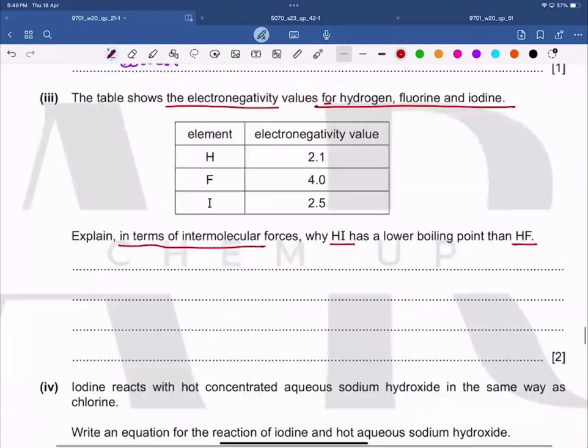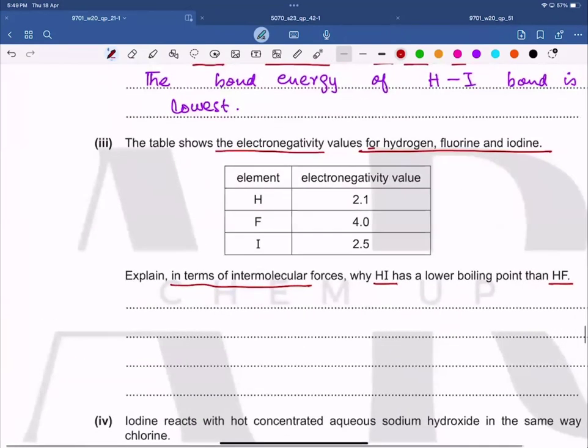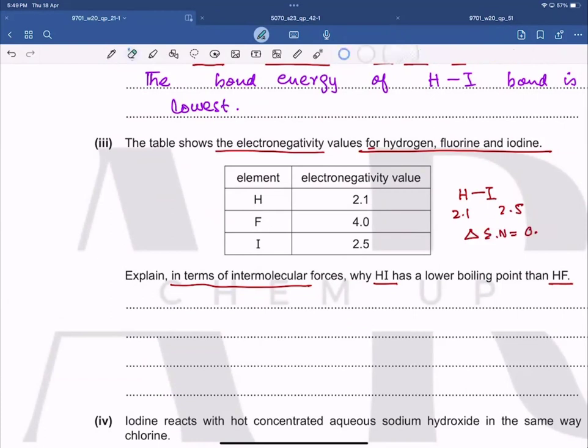Why? Because they have given you the electronegativity values. So if you look at HI, the electronegativity of hydrogen is 2.1 and iodine is 2.5. If the difference is lesser than 0.5, then it's induced dipole. We consider it as non-polar.